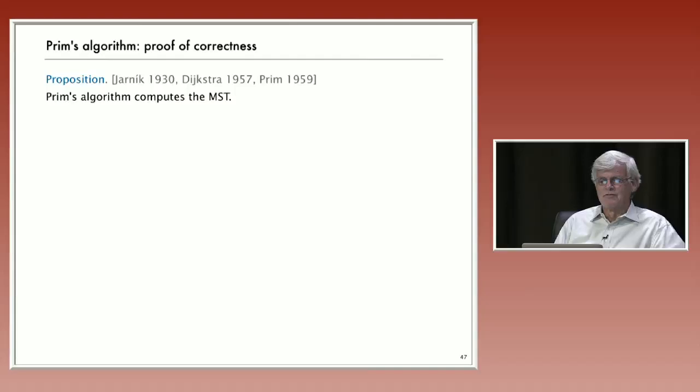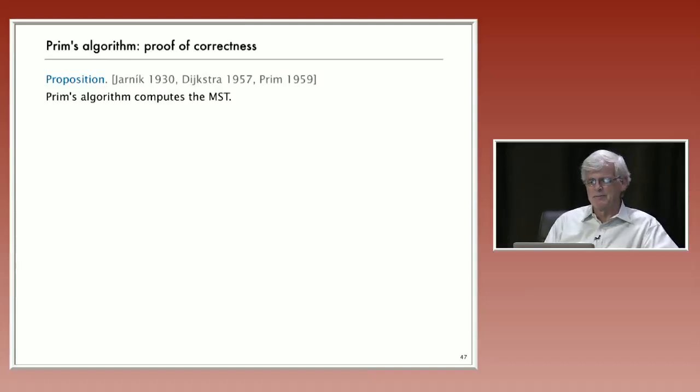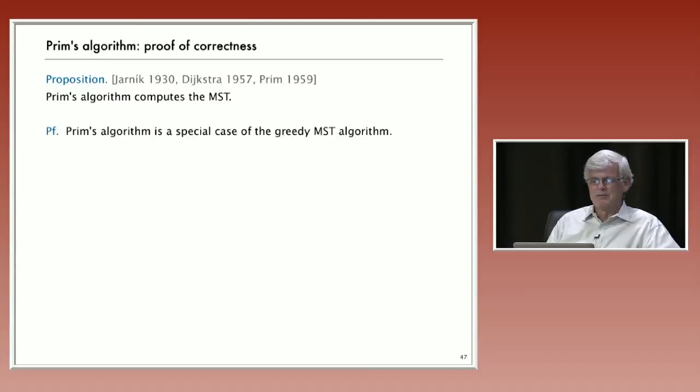So we need to prove Prim's algorithm correct. And this one has been rediscovered a few times, depending on how you cast the data structure for implementing finding the minimum. But the basic algorithm has been known since at least 1930, and the proof that it computes the MST, again, comes because it's a special case of the greedy MST algorithm.